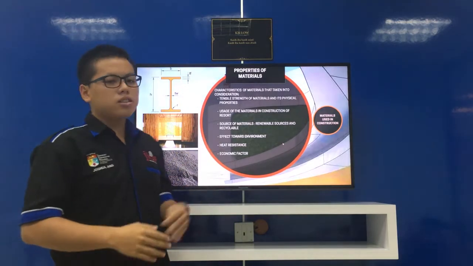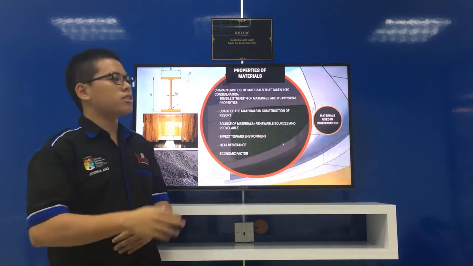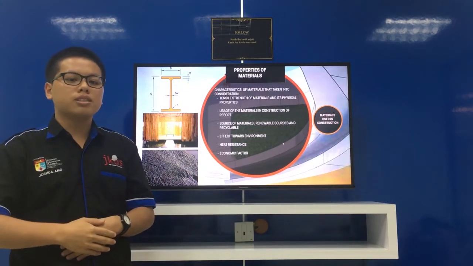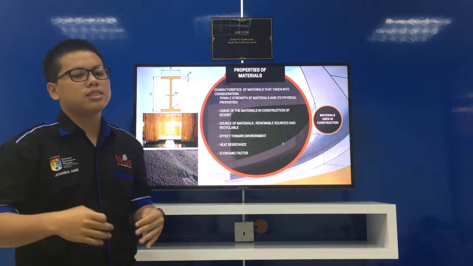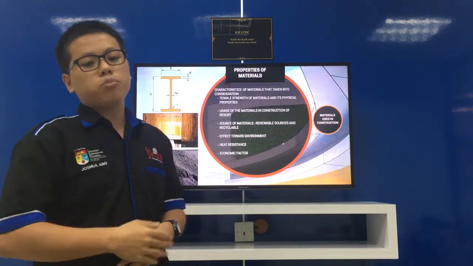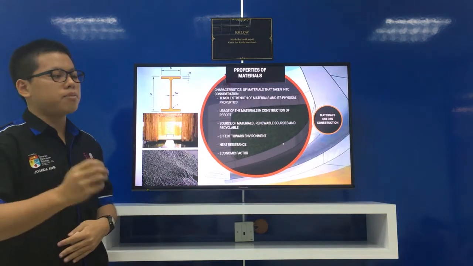Meanwhile, timber has a compressive strength of 70 to 74 megapascal, with a modulus of elasticity of 7.2 to 14.6 gigapascal.